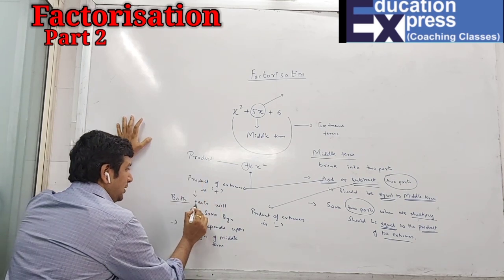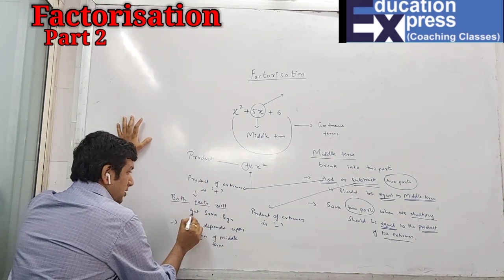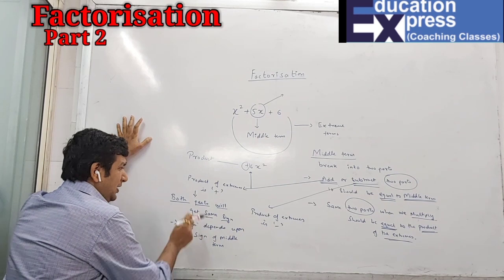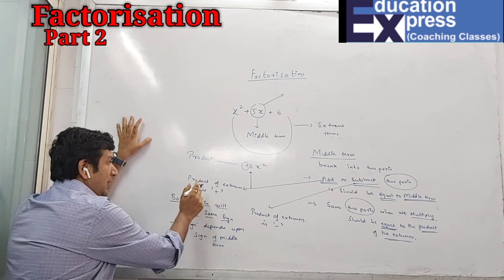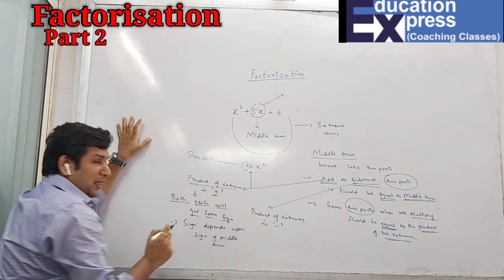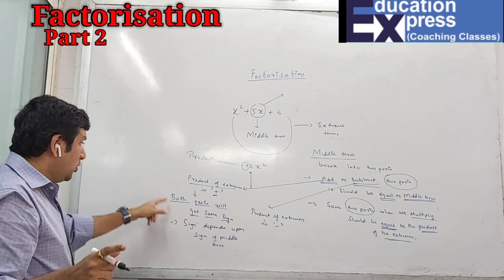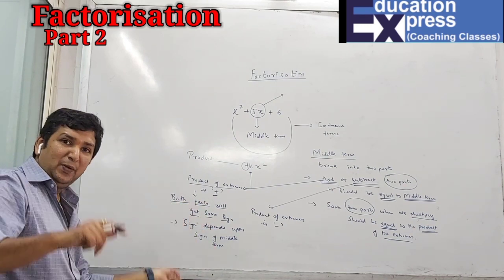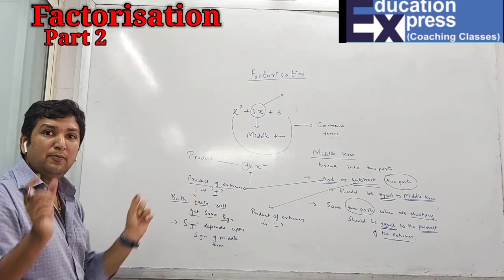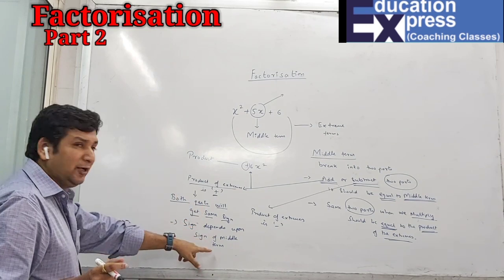Both parts get the same sign when the product of the extremes is plus. That means both will get plus or both will get minus, depending upon the sign of the middle term.